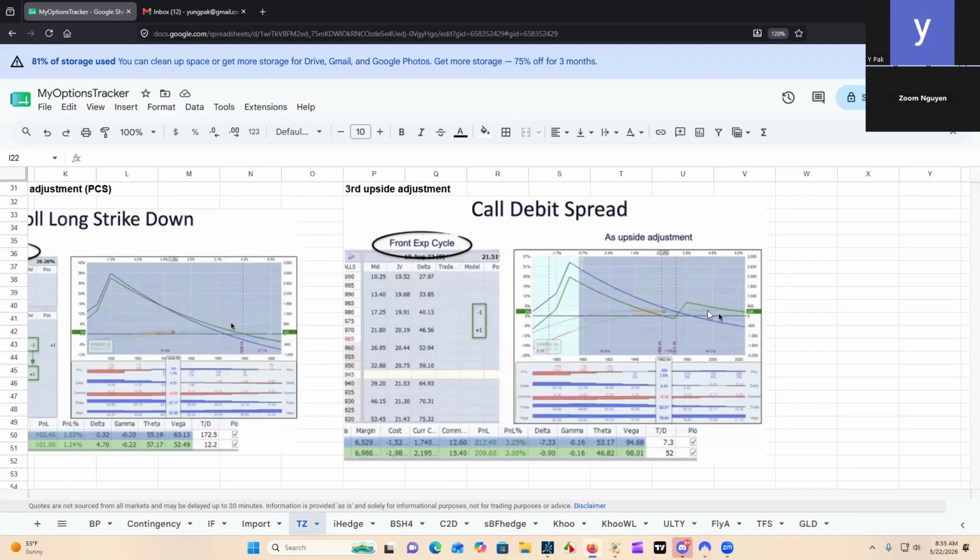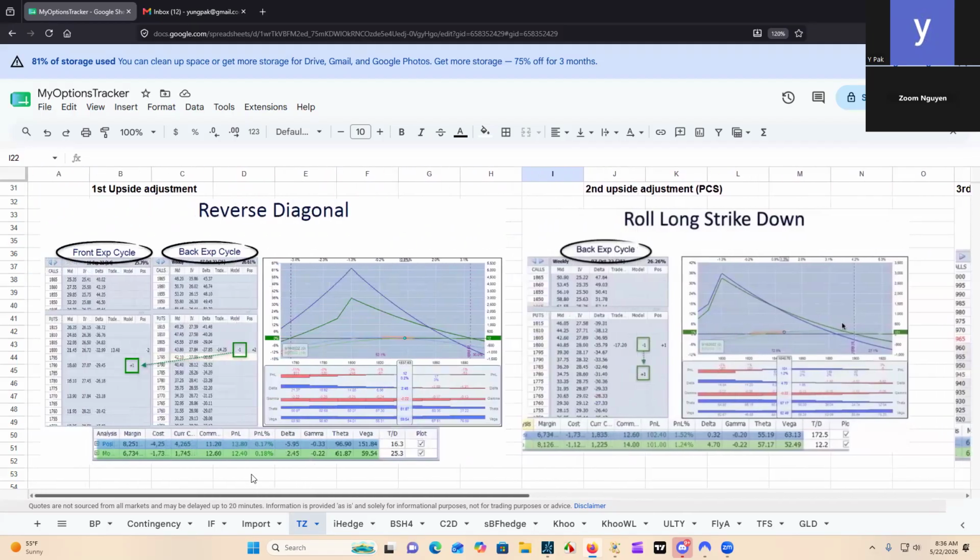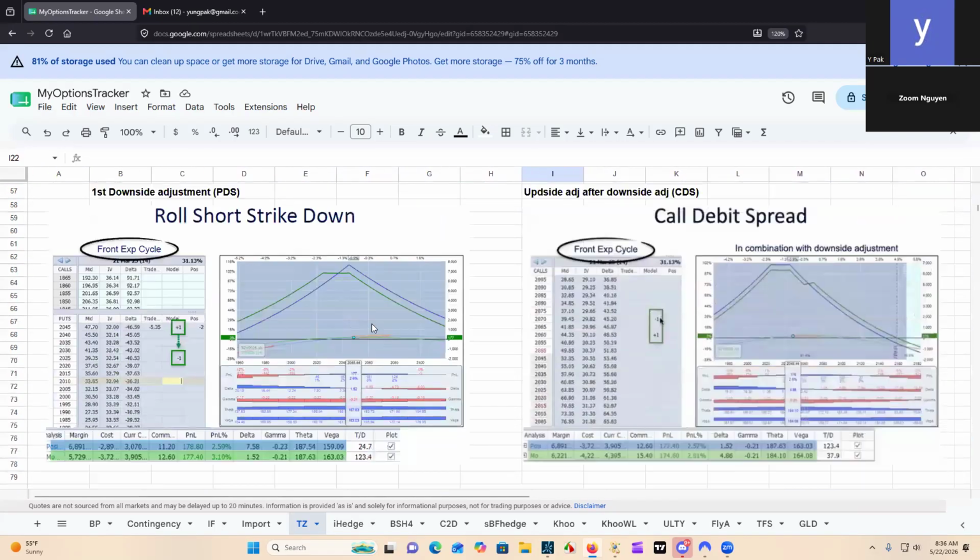So now it flattens out your delta even more. Your delta went from -7 to almost zero, and you still have theta, which is good. You want positive theta. If you do an adjustment and it shows a negative theta, then it's time to close the trade.